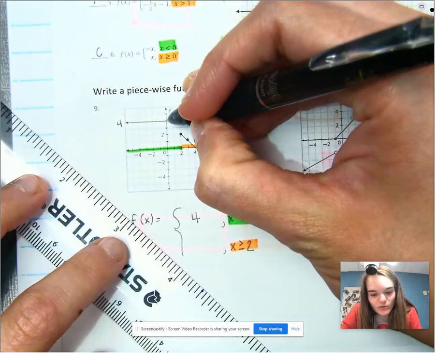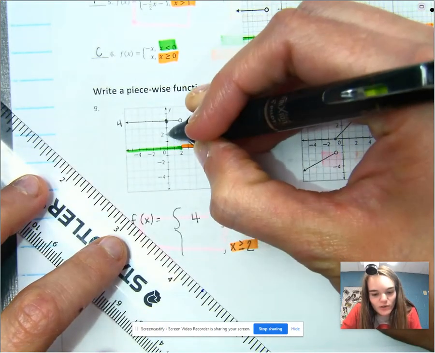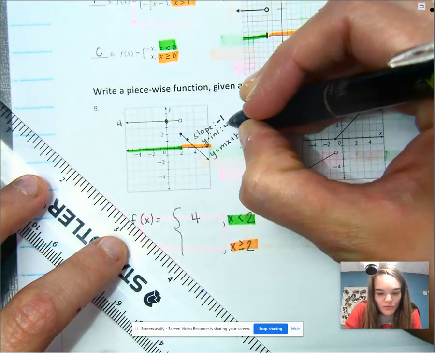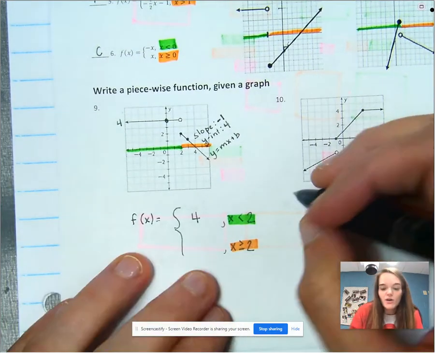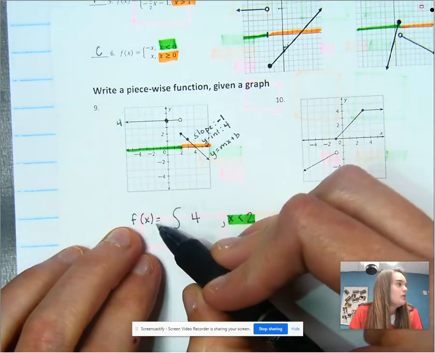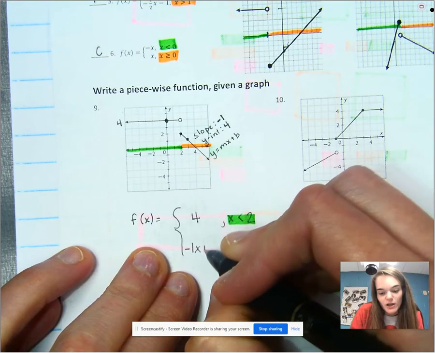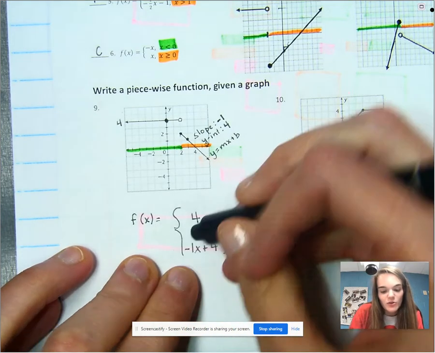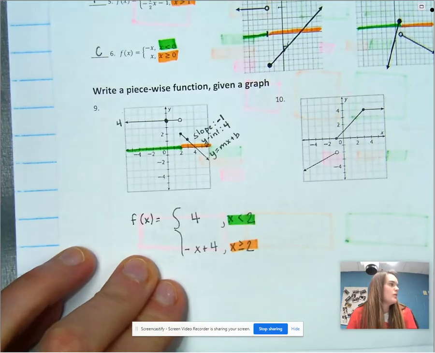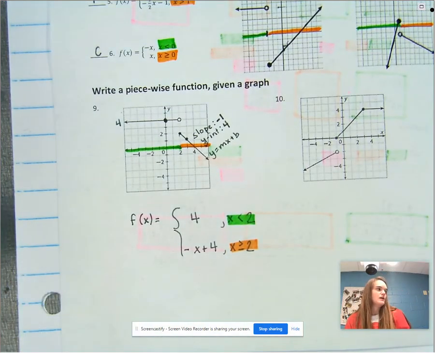And it looks like it's going to touch right here, which is 1, 2, 3, 4. So the y-intercept is 4. That means my equation is y equals, but we don't put y equals, -1x plus 4. I don't have to put the 1. I could just put -x plus 4, but either is correct. Okay, -x plus 4. There is my piecewise function.